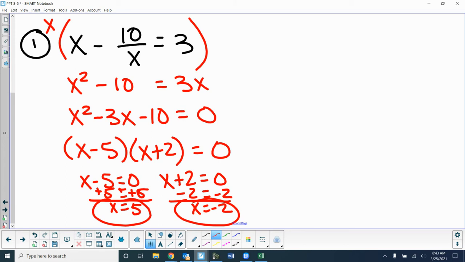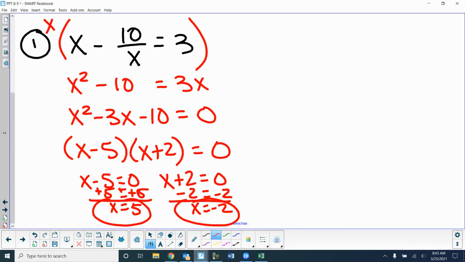What's 10 divided by -2? -5. What's a -2 minus a -5? 3. So they both work. Okay? So basically when we check it, we want to make sure we don't get a 0 in the denominator. It should work if that doesn't happen. All right? We okay with number 1?